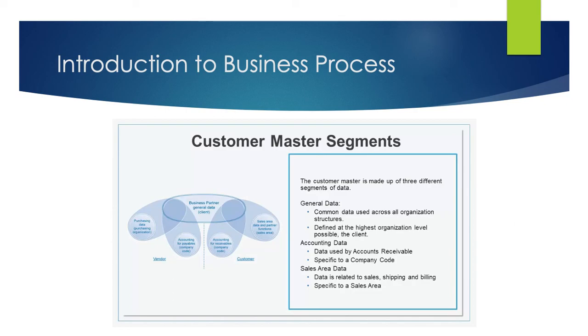For the general data, it is typically quite common for all organization structure, and this is basically the highest level, pretty much for the client, where it's being defined and for sales and the company code. Example, customer name, address, and account number.